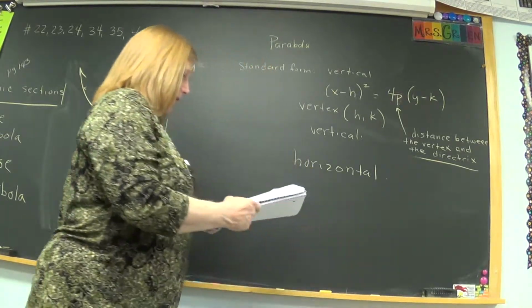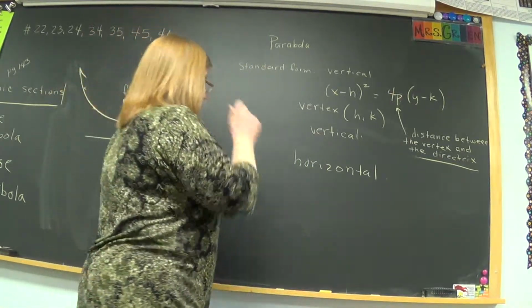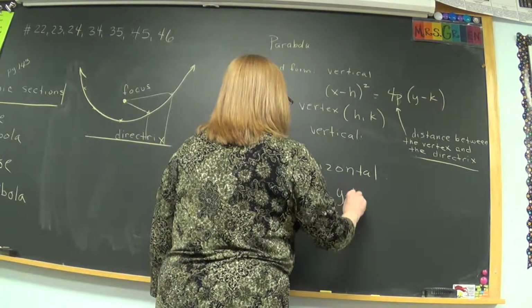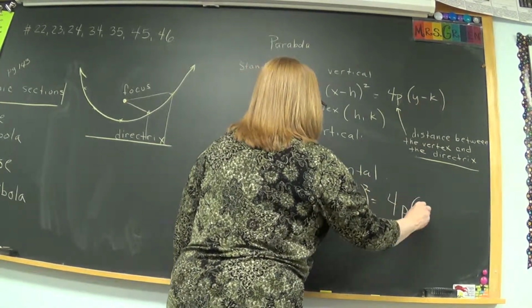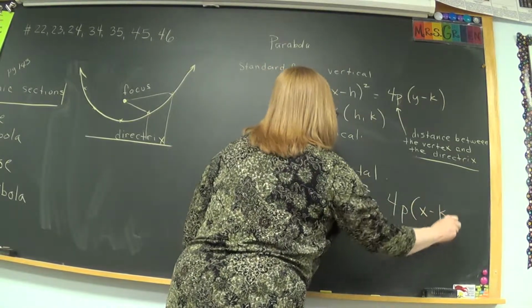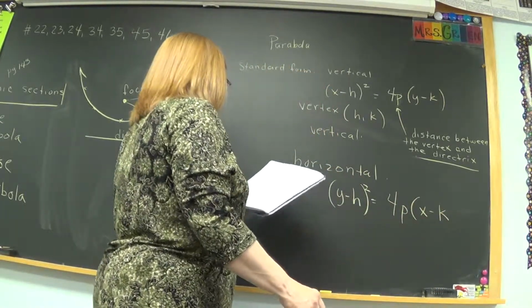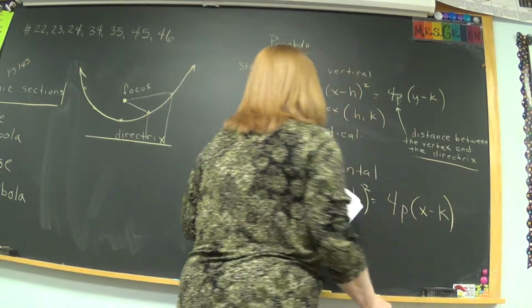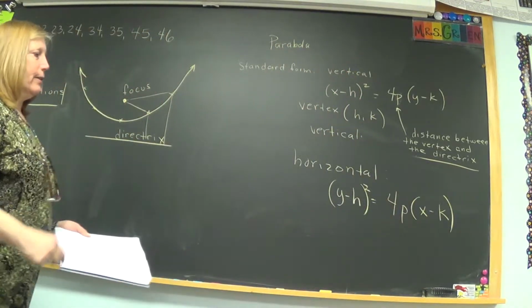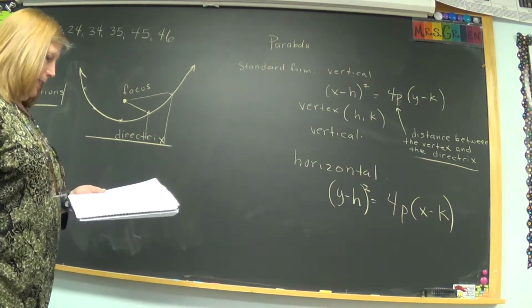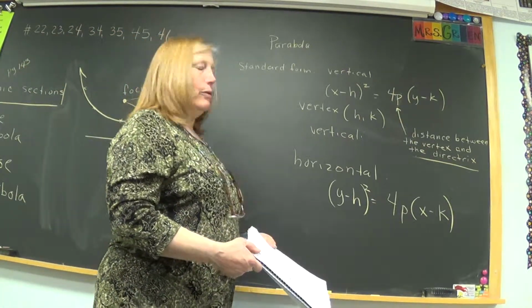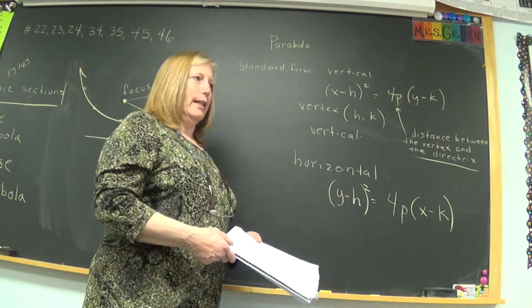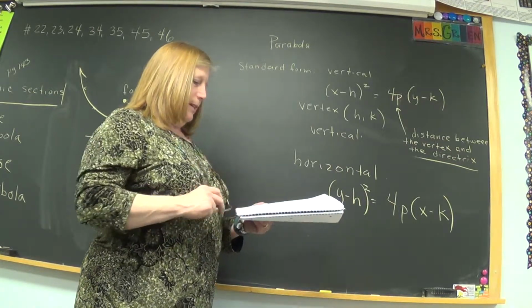We're going to have y minus h squared equals 4p times x minus k. So that's for the horizontal one. So get that down and we'll have it all come together and make sense. I'll show you 2 problems and you'll be set to do yours.